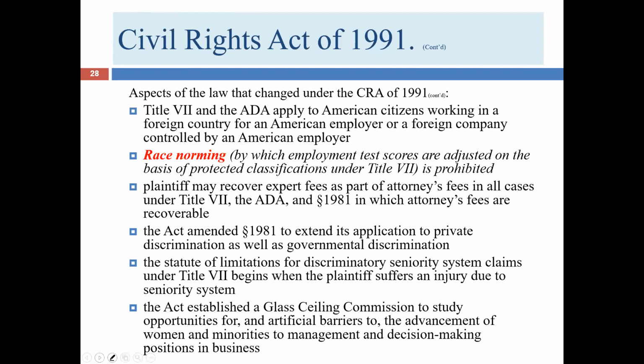So imagine that there was a test that a particular employer implemented, and the statistics indicated that a particular gender or a particular race or a particular religion, employees of a particular religion, tended to score less well on it than others. Well, the employer would be prohibited from allowing a lower pass rate for those particular scores under those circumstances.